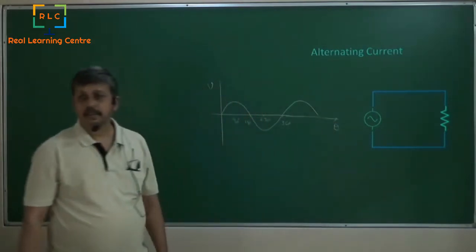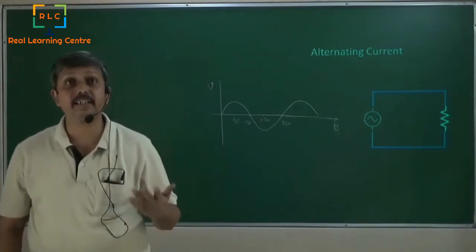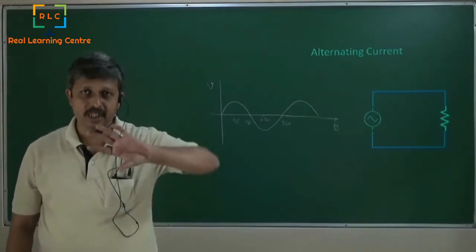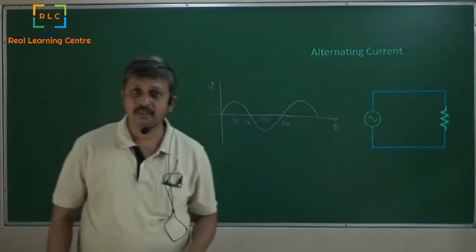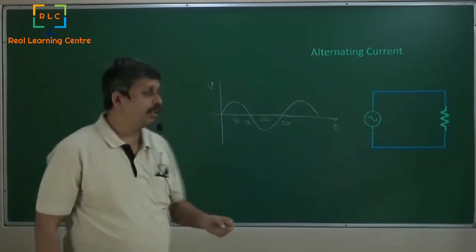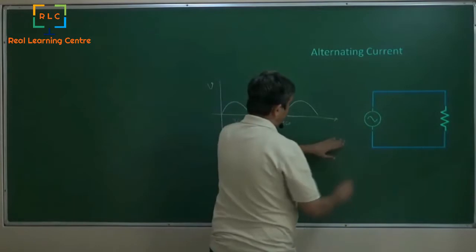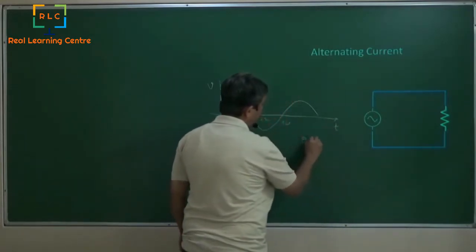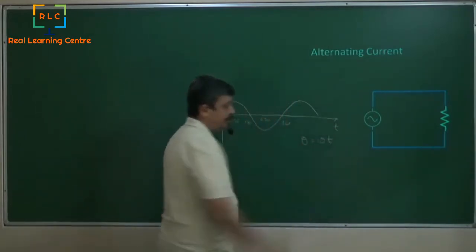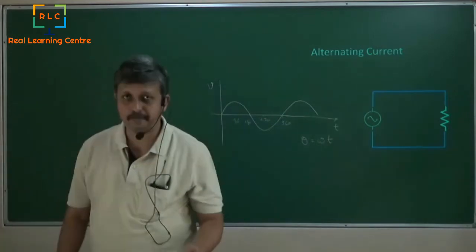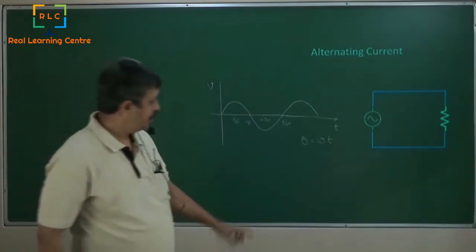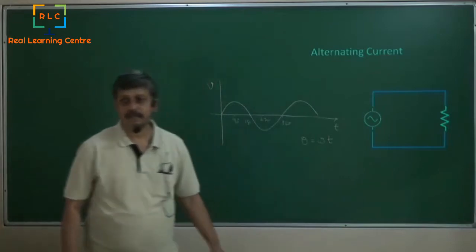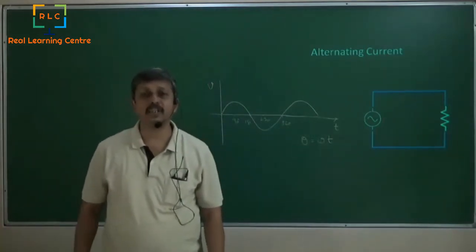But if theta is varying linearly with respect to time, which means a rotating scenario, like omega t, then you can call this a function of time. So this is how an AC voltage looks.